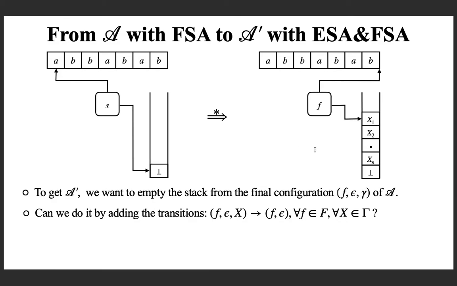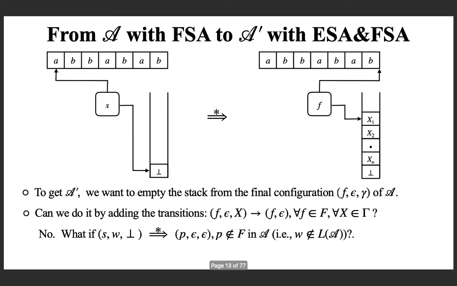The question is, is that enough? Are we obtaining the required automaton A prime? So what do you think? The answer is no, we are not. Why? Because I am giving you a counter example. Suppose you have this computation for a given input W. From the initial configuration for W, it goes to this configuration.